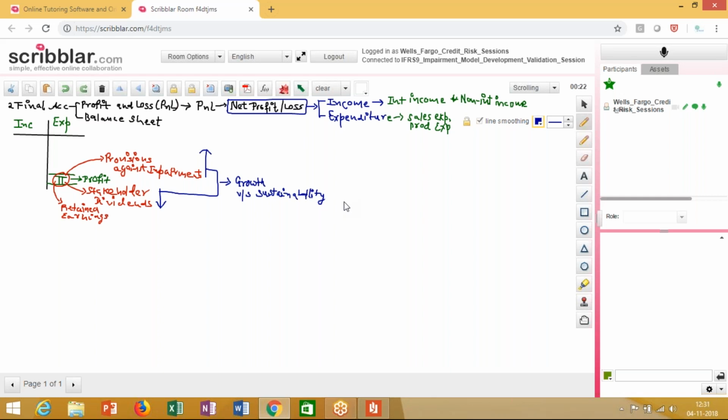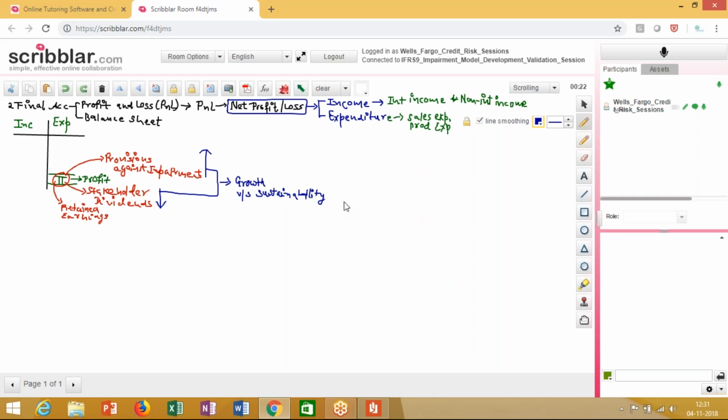Therefore, the vision towards provisioning in today's day is that you first keep aside optimal provisions and then you keep aside stakeholder dividends.